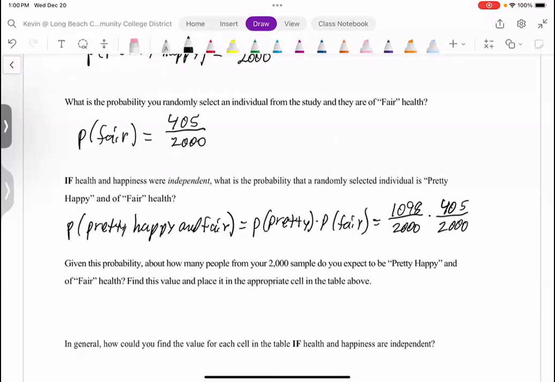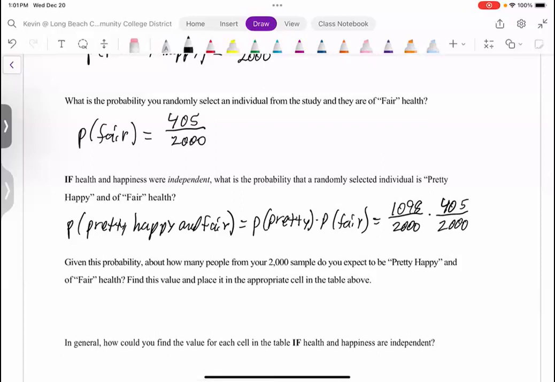Given the probability, about how many people from your 2,000 sample can you expect to be pretty happy and fair? So remember, our expected is equal to n times p, where n is the number of people. Well, n in this case is the 2,000.